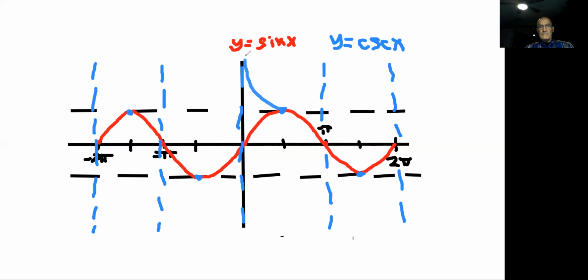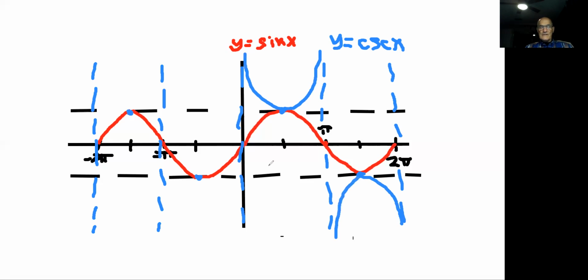So it would go up like this. Over here to the right, as the original curve gets smaller, the reciprocal curve gets bigger, so it goes like that. Over here, the original curve gets smaller in the negative toward 0, so the reciprocal would go down, and here, same thing, it would go down.